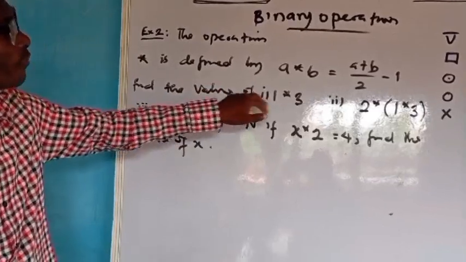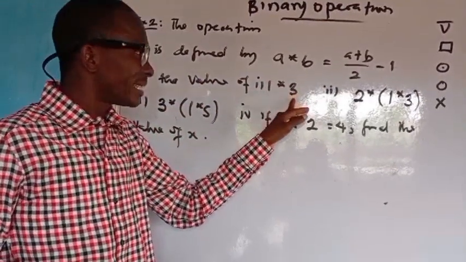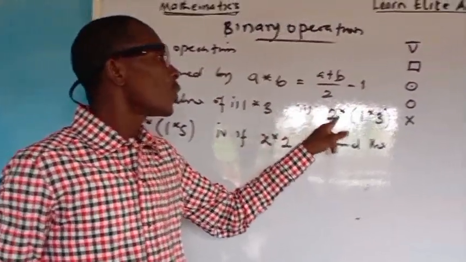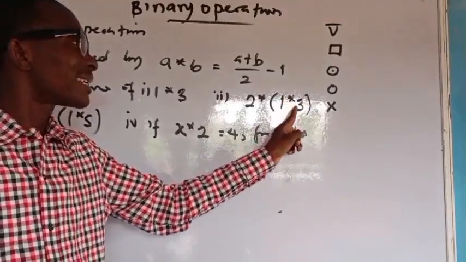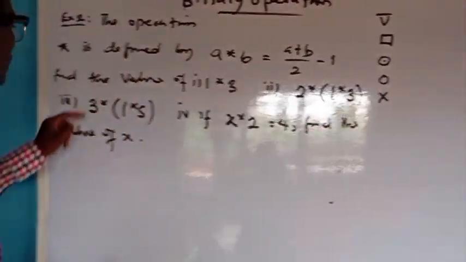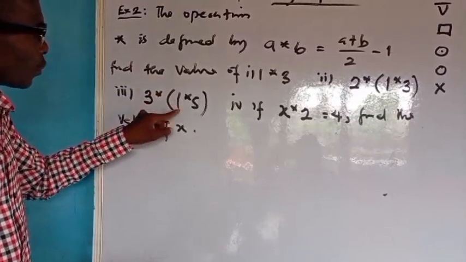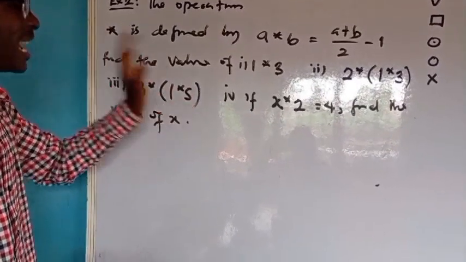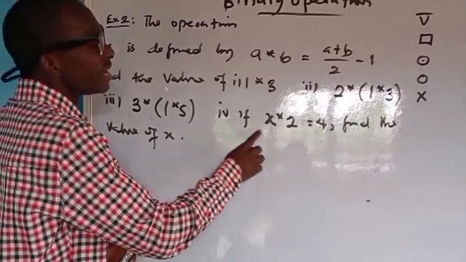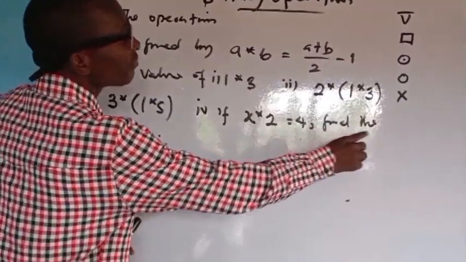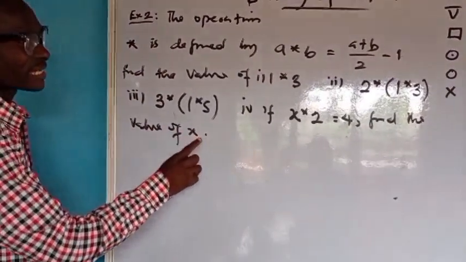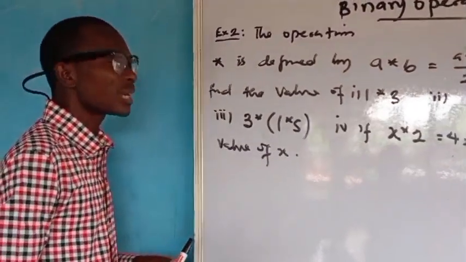Now, in a case like this, the operation asterisk is defined by this. Find the value of 1 asterisk 3, 2 asterisk bracket 1 asterisk 3 asterisk bracket 1 asterisk 5 bracket close. Now number 4, if x asterisk 2 is equal to this, find the value of x. How do we go about this?